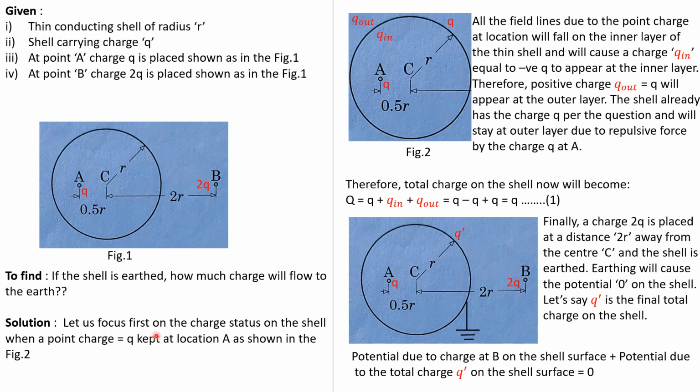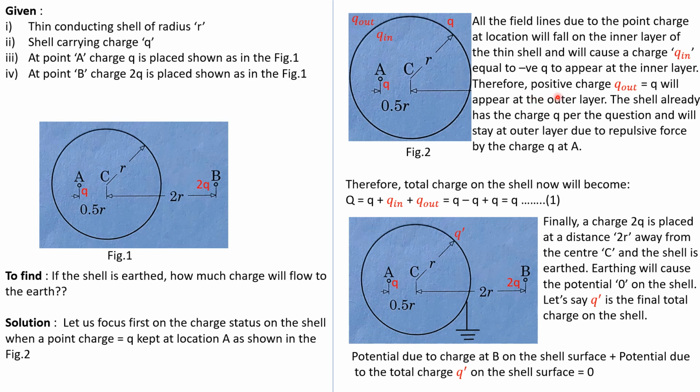So let us focus first on the charge status on the shell when a point charge equal to q is kept at location A as shown in figure 2. All the field lines due to the point charge at location A will fall on the inner layer of the thin shell and will cause a charge q_in equal to negative of the q charge to appear at the inner layer.